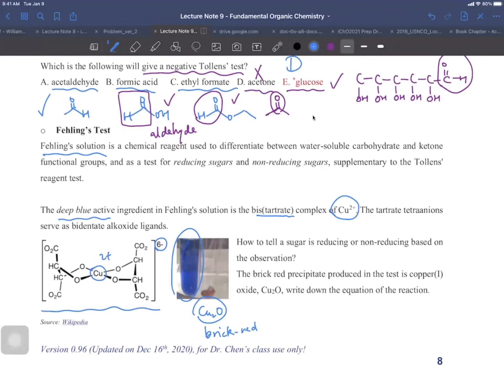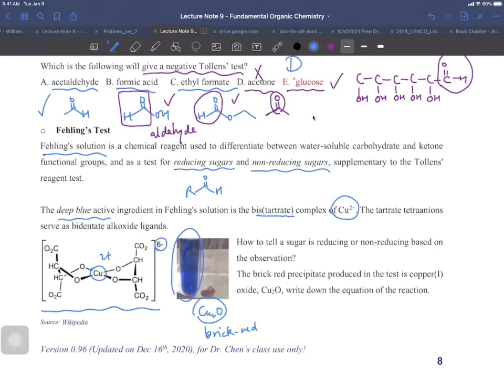So this is another way to identify the aldehyde group, which is also commonly used in biology to differentiate the reducing sugars and the non-reducing sugars. Basically, you can say reducing sugars are those saccharides with the aldehyde group, and non-reducing sugars have no aldehyde groups.